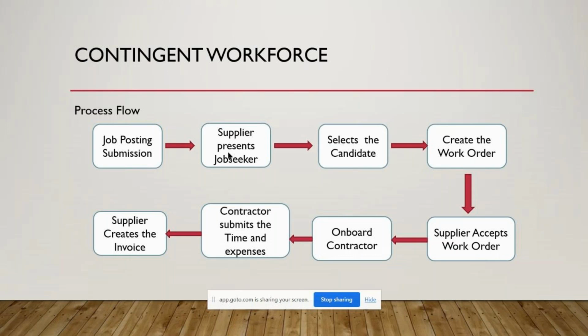If they don't have the capability of getting the candidates, then they will share the job posting with different suppliers. In this way it goes. Every organization has a different structure, we can't expect it to be the same way. Okay, and the supplier can submit the candidate.